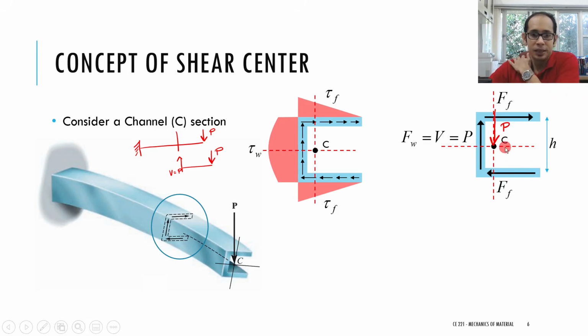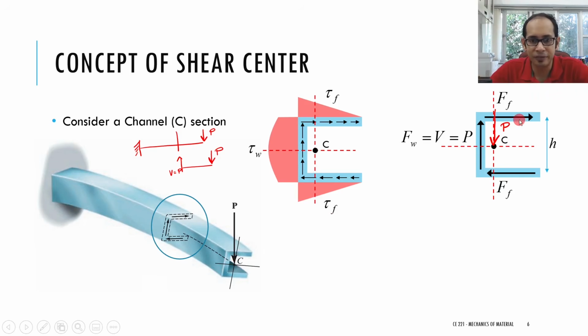Now take a look at these forces. This ff and this ff are equal and opposite forces separated by a distance h. Similarly, this P and this P are equal and opposite forces separated by some distance wherever the centroid is. Now can you understand why, along with bending, you're also having a certain amount of twisting? Yes, you're right.